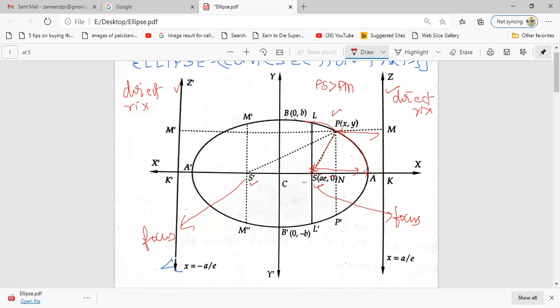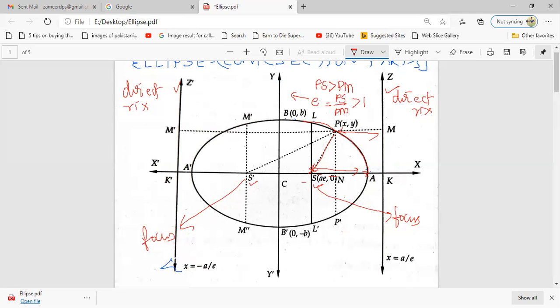So we can say PS upon PM is greater than 1. PS upon PM is the eccentricity, the ratio of the distance of a point from the focus to the distance from the fixed line. This ratio is called eccentricity, and it is greater than 1.